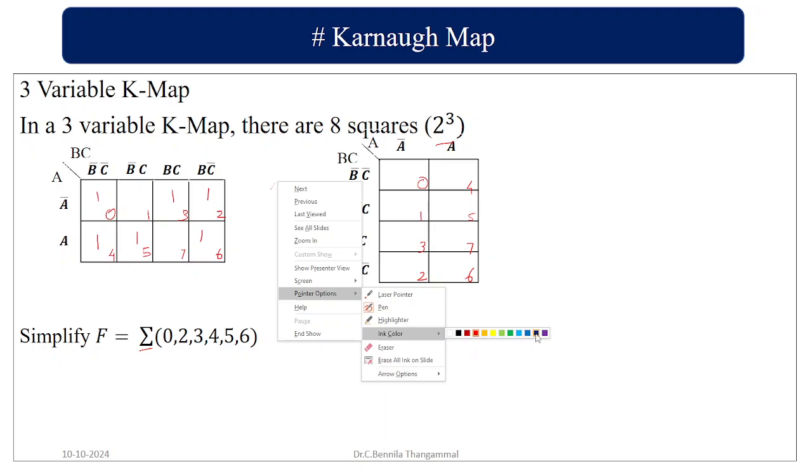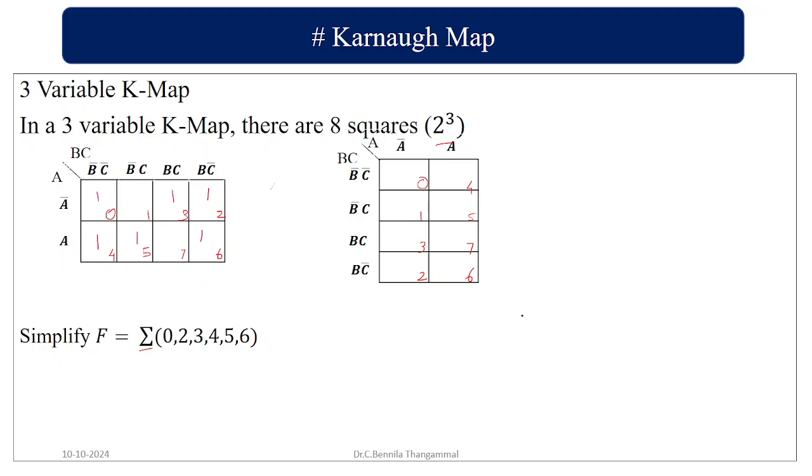Now I'll go for grouping. For grouping, I have to check whether an octet is possible. Here 8 values is not possible because you have only 6 minterms. So I can go for a quad. I will check whether a quad is possible. Here a quad is possible. How come? I told that the K-map can be folded. I can fold it horizontally, so these two sides will be adjacent to these two.